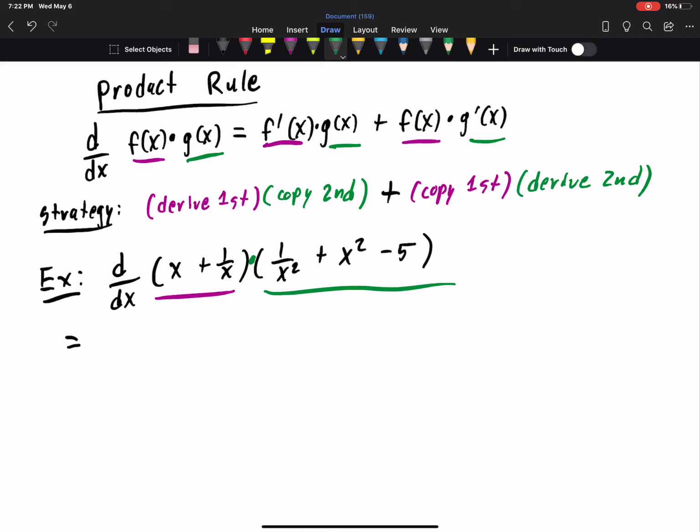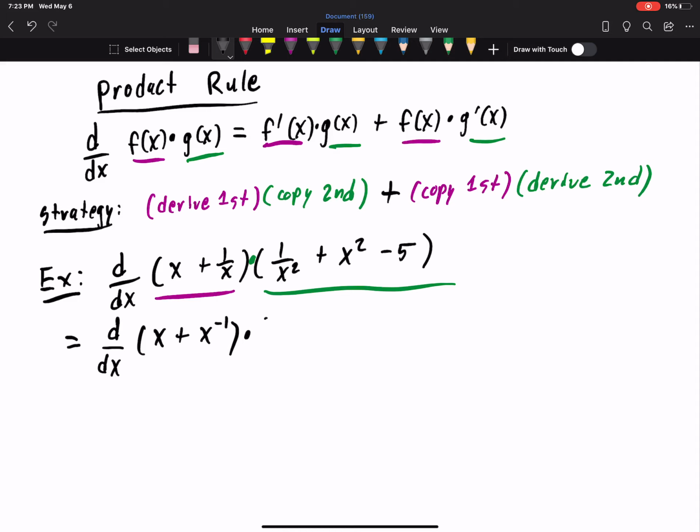All right, so how do we do that? We're going to rewrite this entire lovely thing so that we don't have x's in the denominators, we have x's in the numerators, so that way we can use the power rule. So we have x plus x to the minus 1, because that's what 1 over x is equal to, just using your exponent properties.